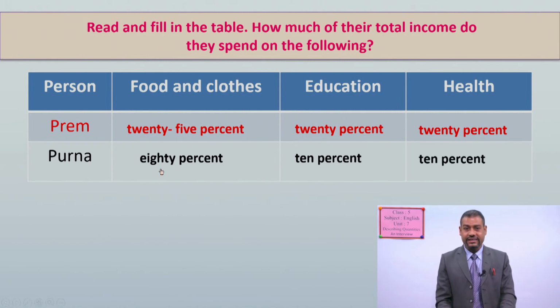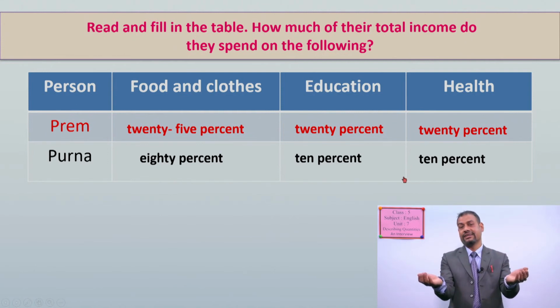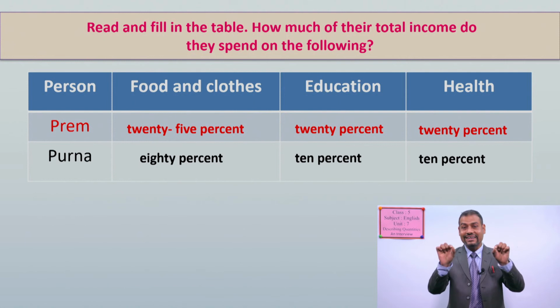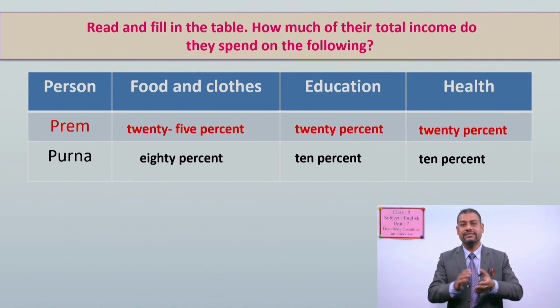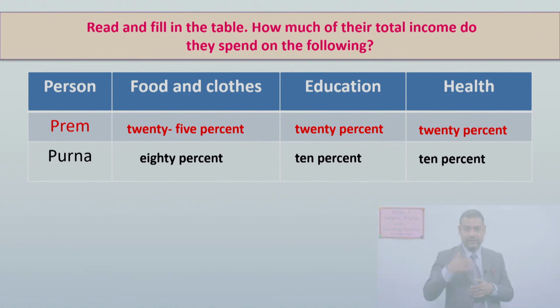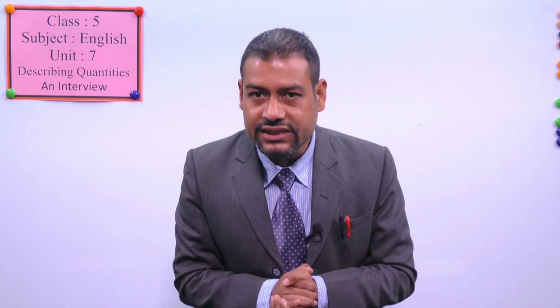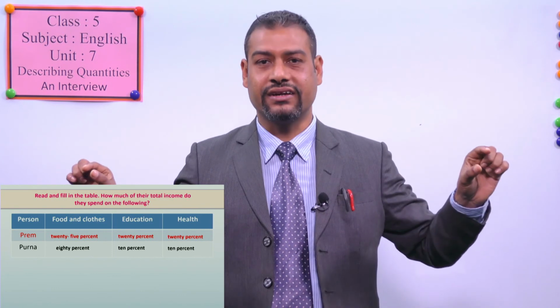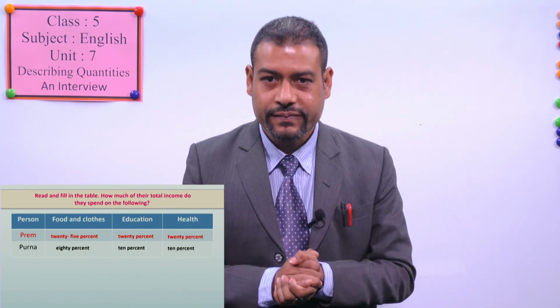So 80 plus 10 equals 90, plus 10 equals 100%. It means that whatever money he receives as income, he spends all. He does not have any saving. But Prem has 35% of his income as saving. Is it clear to you?